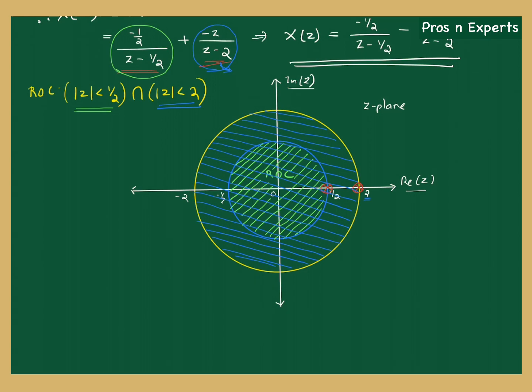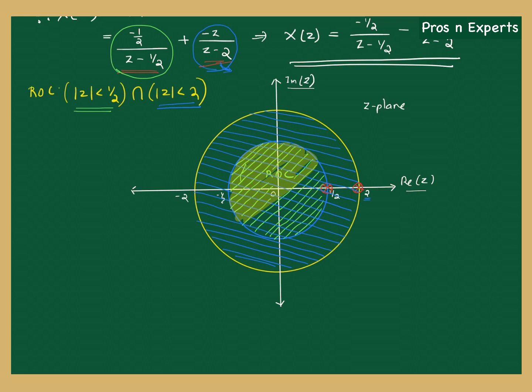Now I have to find the ROC corresponding to both terms, I mean the entire z transform, that is the intersection. The intersection of mod z less than half and mod z less than 2 is nothing but this circle, right? So I can shade this circle as the intersection. And what is the expression for this circle?